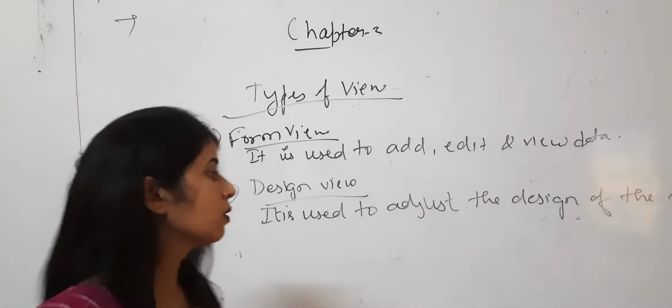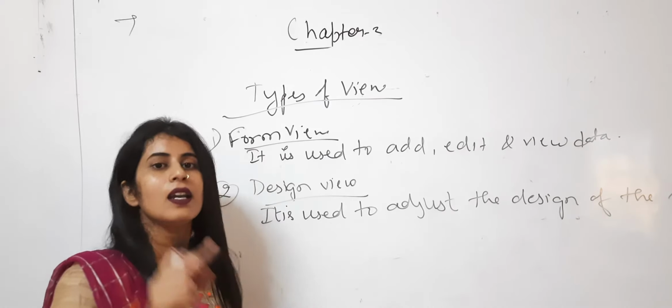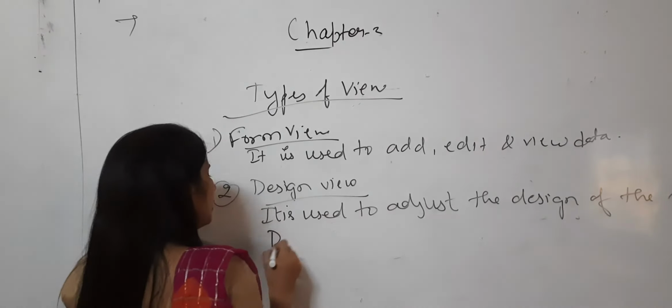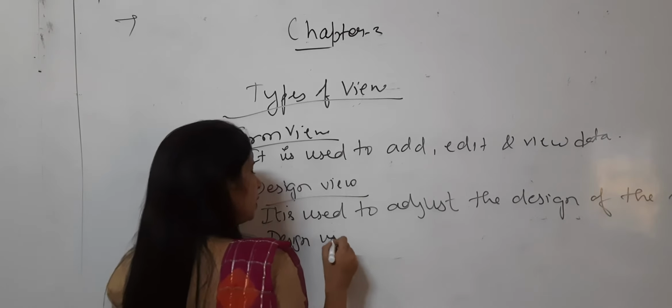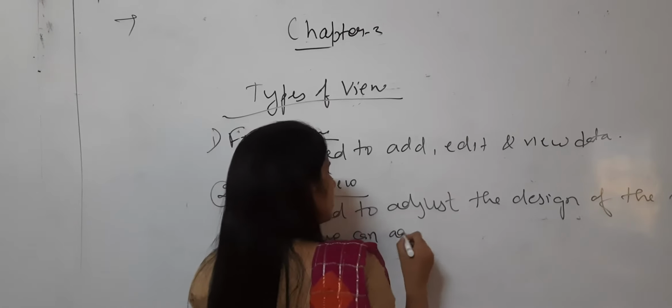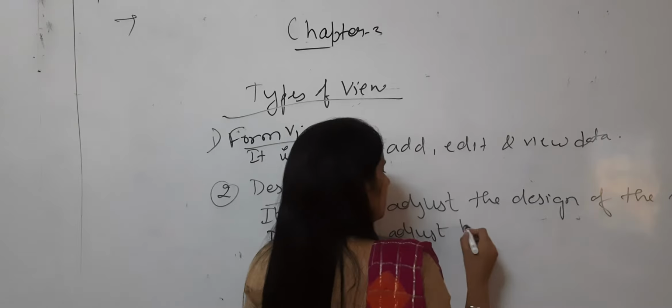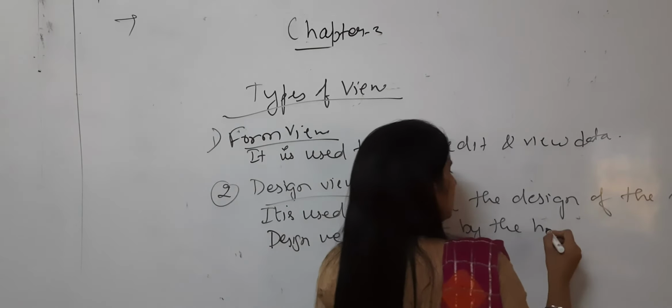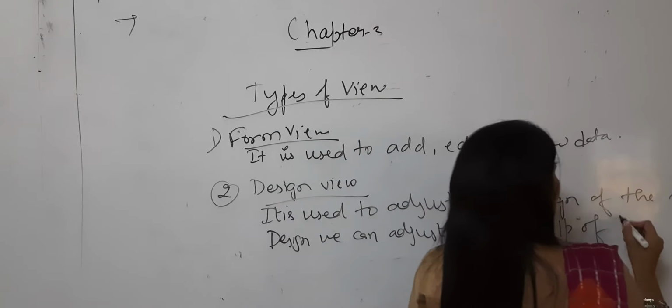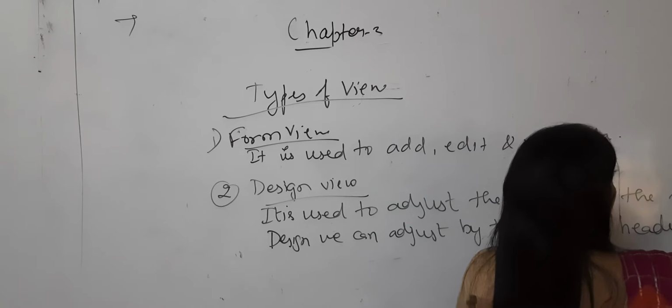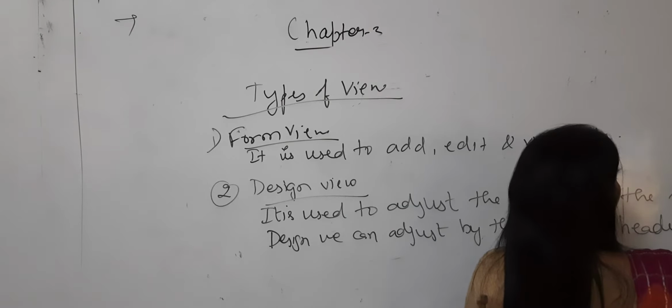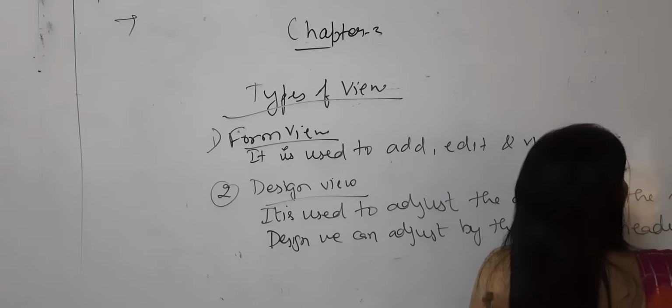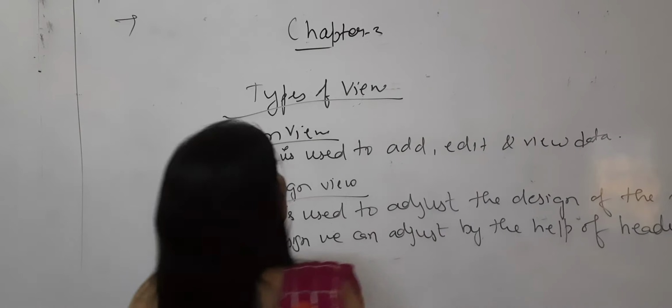Okay, what is its use? It is used to adjust the design of the form. Okay, design we can adjust by the help of header and footer options. Which options are there? Header and footer options.